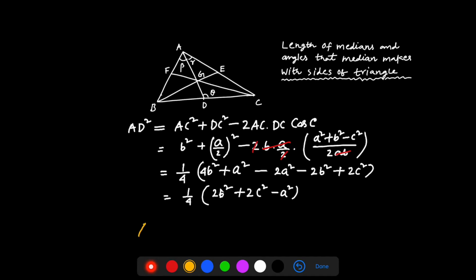So finally what we get is that the length of the median AD is 1/2 under root 2b square plus 2c square minus a square.